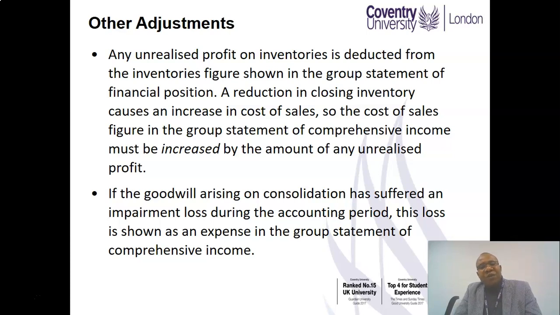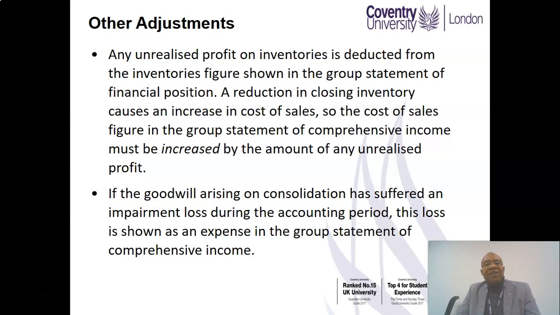The other adjustment that we are going to be very, very cognizant of is goodwill arising on consolidation. If you remember last week, I stated that goodwill is never amortized. Under IFRS 3, purchased goodwill will always be recognized at cost less impairment loss.